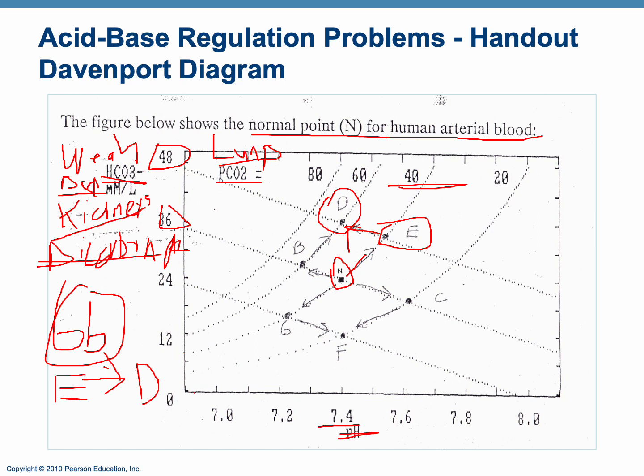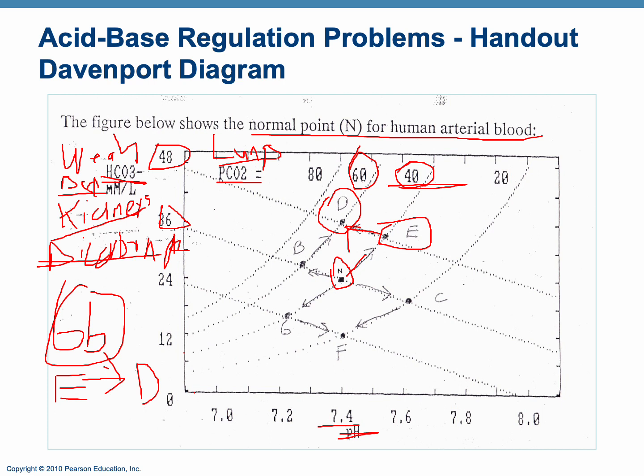So what's going to happen here then, going from E to D, of course the pH will go back up to normal, but the breathing will be impacted here. So you have, starting off, 40 for your partial pressure of CO2 gas to 60.